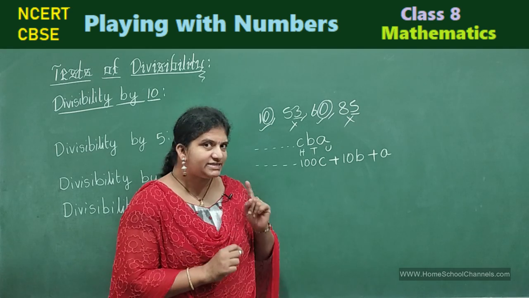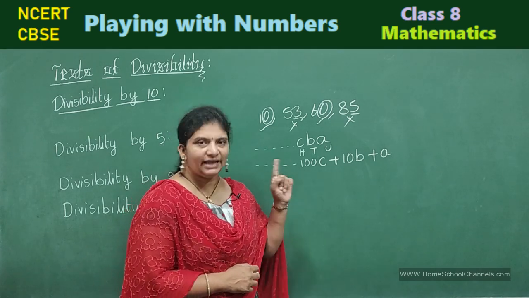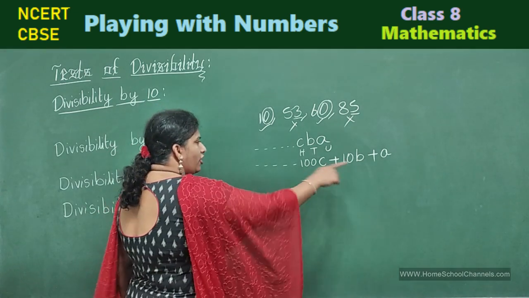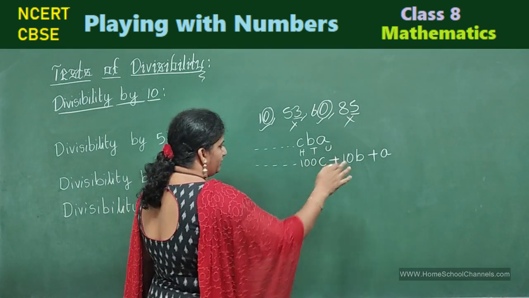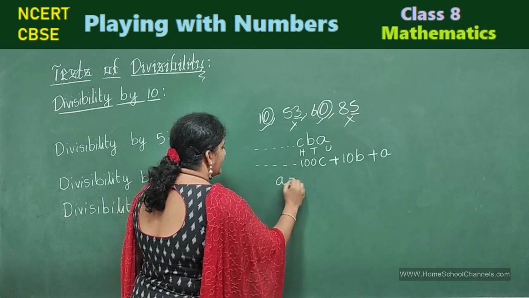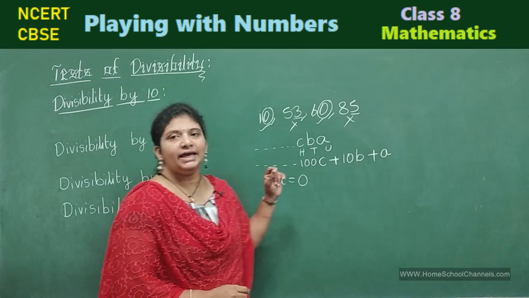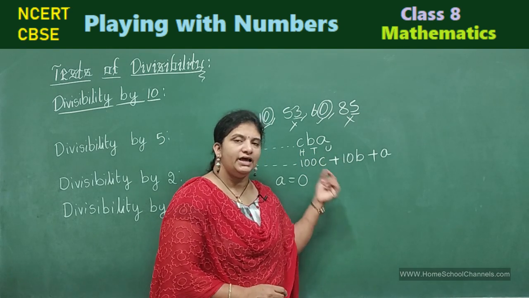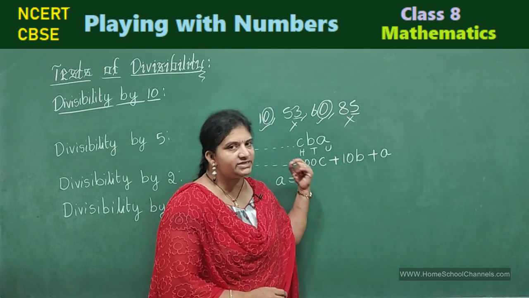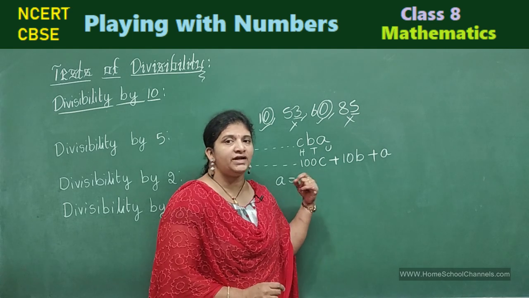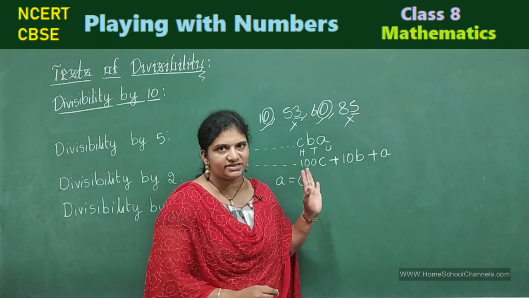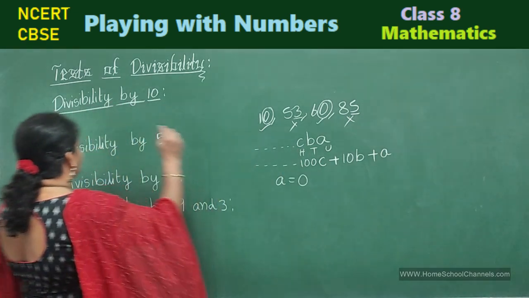If we say it is divisible, then A must be 0. These all will be divisible by 10, no problem. Then A must be equal to 0. In any number, we should observe the units digit. If it is 0, it is divisible by 10. If it is not 0, it is not divisible by 10. That's it. Let me write the statement here.